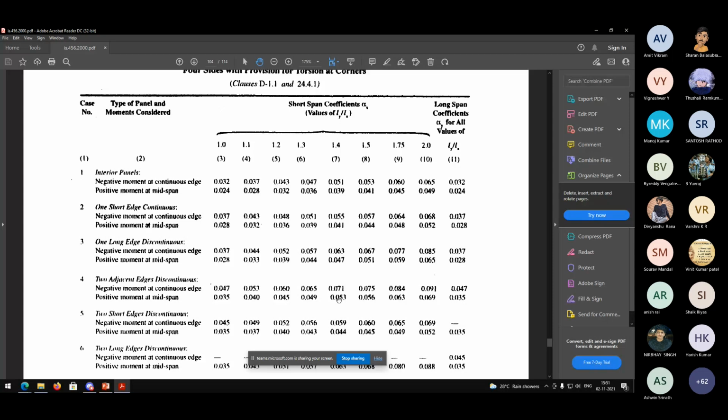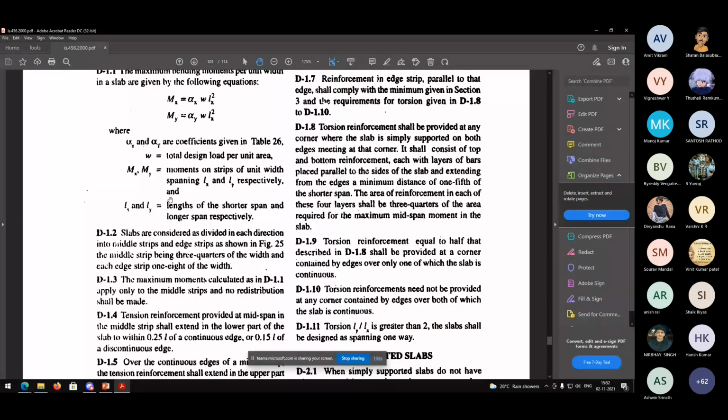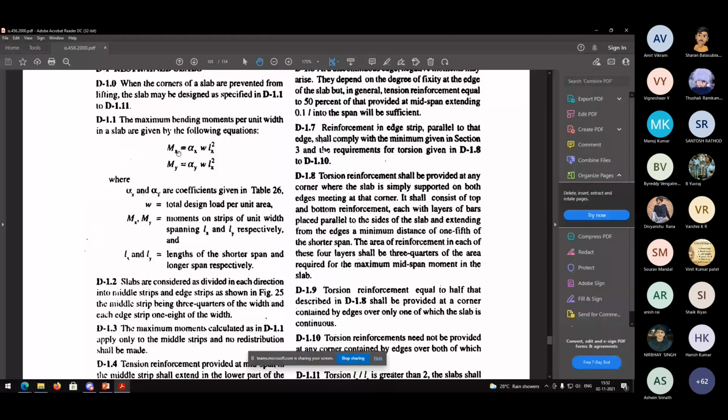And unlike the x coefficients, the y coefficients are all one single value for every case. It does not depend on the aspect ratio Ly by Lx. The reason is, if you look at this particular case, both are Lx squared.